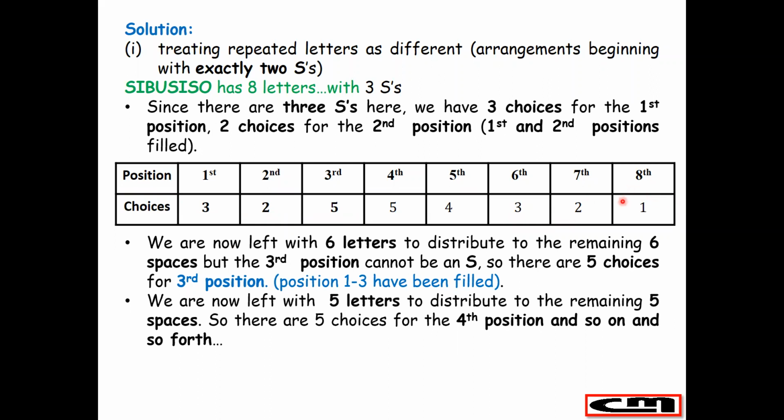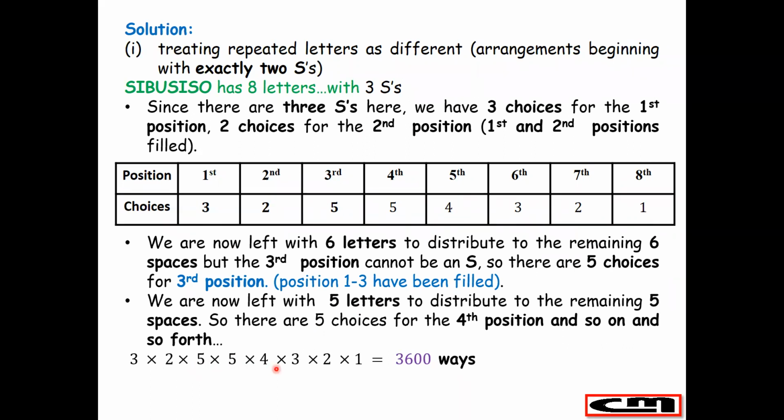Now these positions are different and they have different choices. So together I'll multiply 3 times 2 times 5 times 5 times 4 times 3 times 2 times 1. This is what I have. And what allows me to do that is the fundamental counting principle.